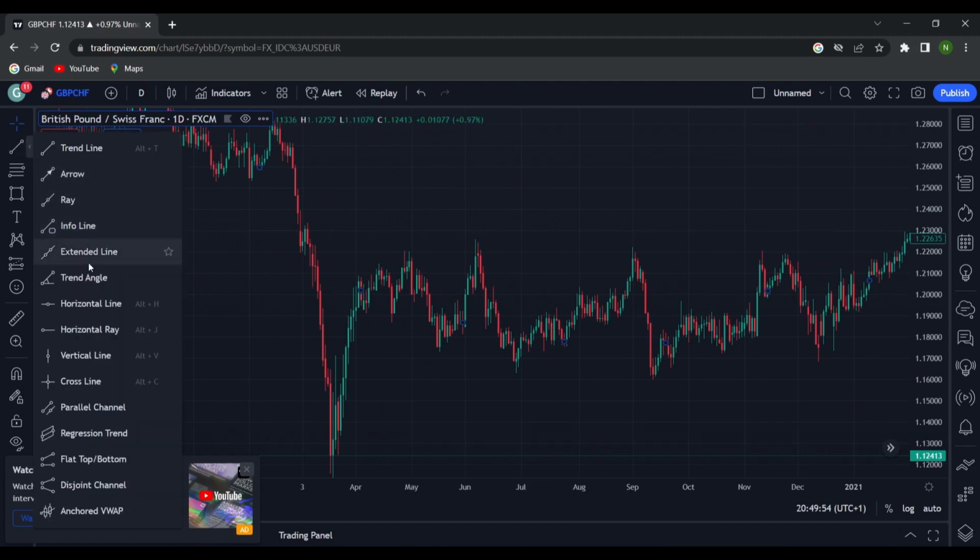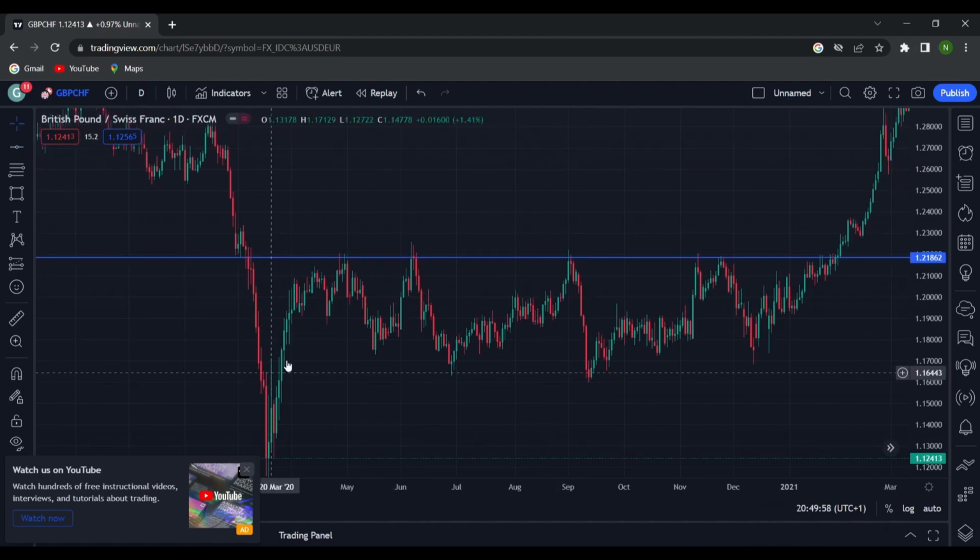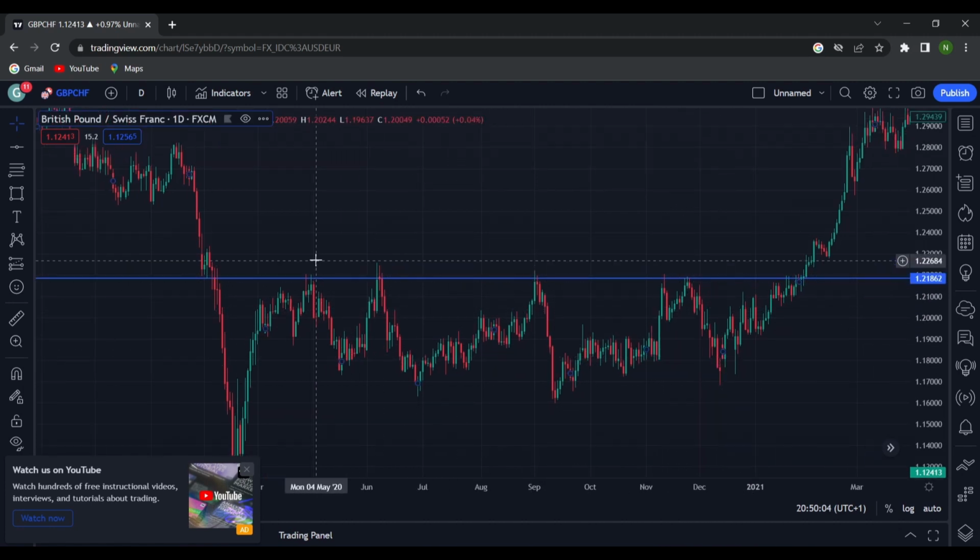If we draw a line right here, you'll see that price on the same pair has been rejecting off of this area multiple times. In this case, it got 1, 2, 3, 4, 5 reactions, which means it's a really strong resistance. It's not as strong as the previous zone that we looked at before, but it's still a strong one.